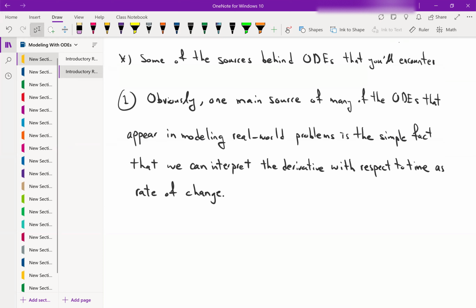Now, another important source behind many of the ODEs that you'll see will be Newton's second law. Let me also write that.